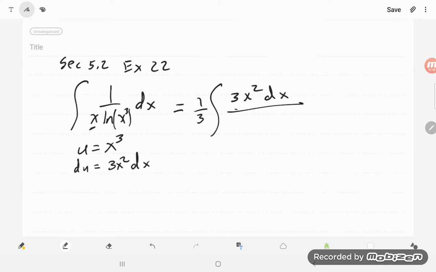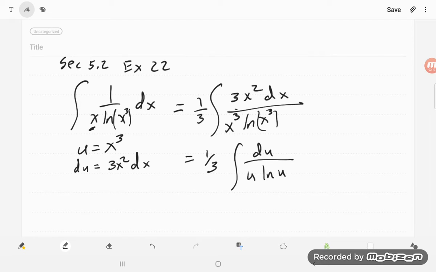And I already had an x here, so that would make an x cubed, natural log of x cubed. And actually, maybe this does get me somewhere, because then I have 1/3, and the 3x squared dx is just du, and I have u, natural log of u. Okay, well, that does look simpler.